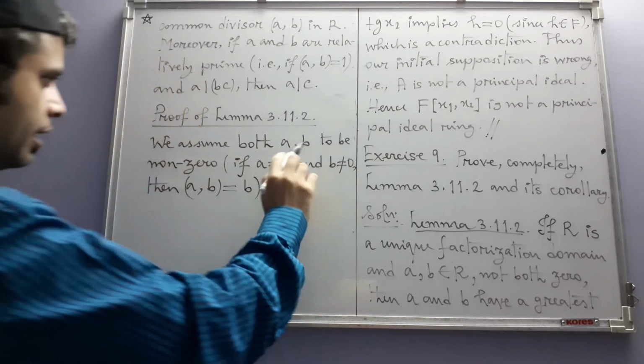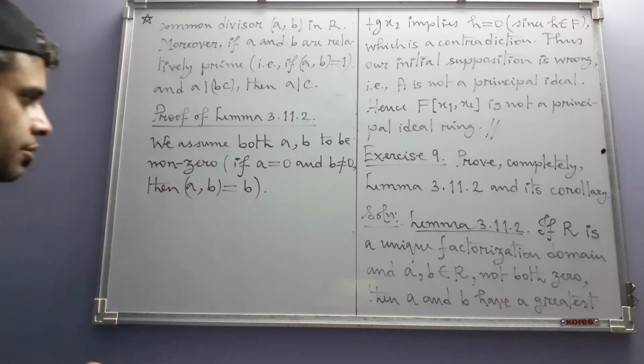So that's why we can assume both A and B to be non-zero.